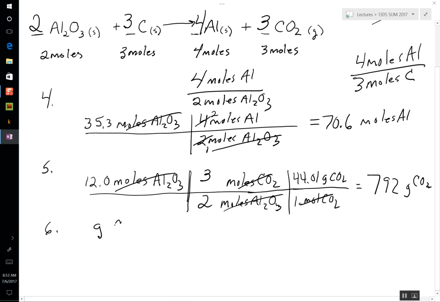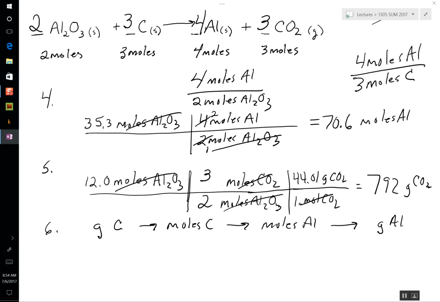So we're going to go from grams of carbon to moles of carbon to moles of aluminum to grams of aluminum. And I'm not going to even pick up my calculator until I have moved from grams of carbon to I'm ready to calculate grams of aluminum.